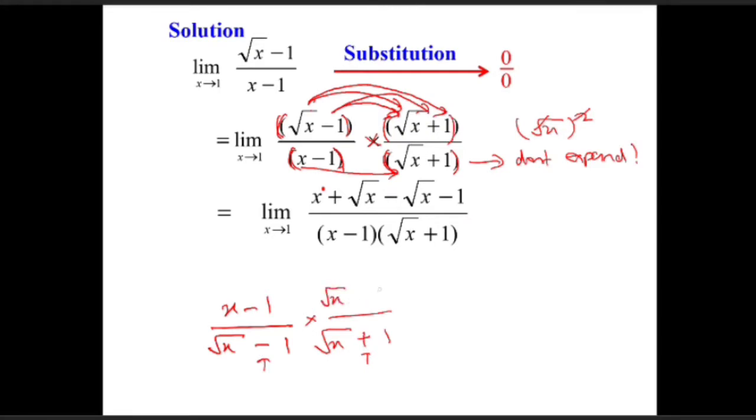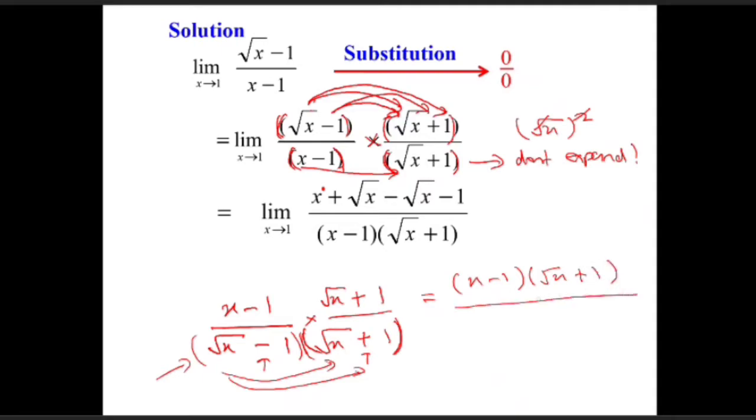Multiply with exactly the same function on top. So where should we expand now? You should expand at the denominator, because we find the conjugate from the denominator function. So at the numerator you don't have to expand. Just follow and copy it down. But at the denominator, you have to expand.